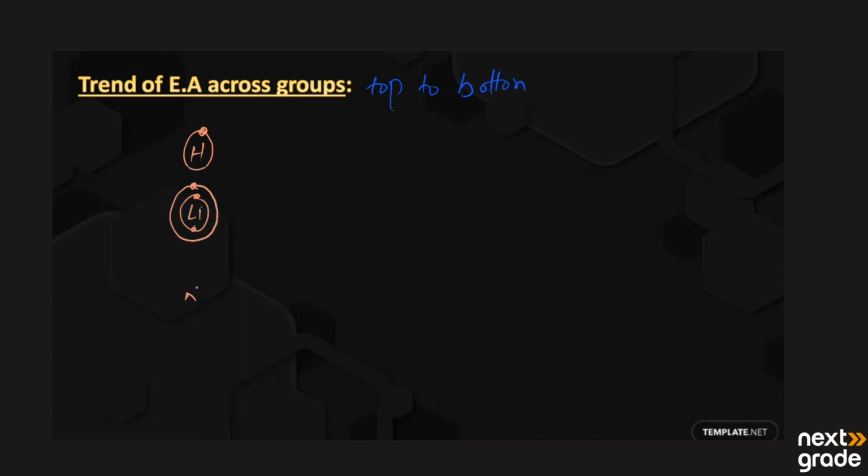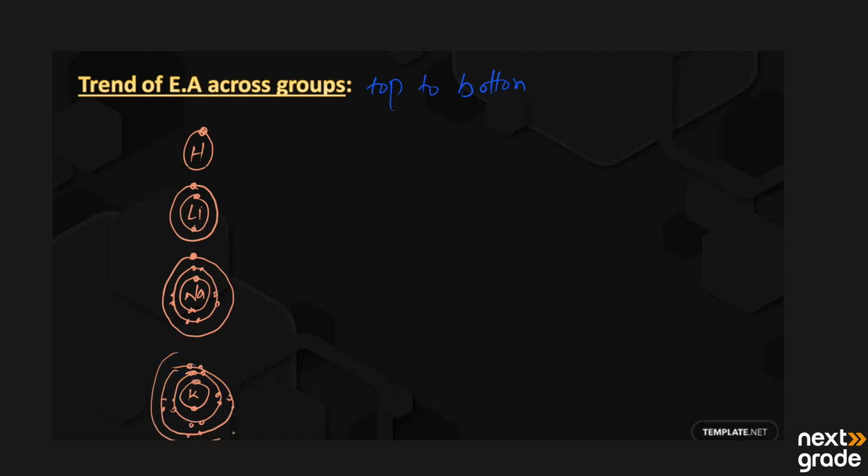Then we have sodium: the first shell has 2, the second shell has a total of 8, and the third shell has 1 electron. Then we have potassium: the first shell has 2 electrons, the second shell has 8 electrons, the third shell again has 8 electrons, and the last shell has 1 electron.